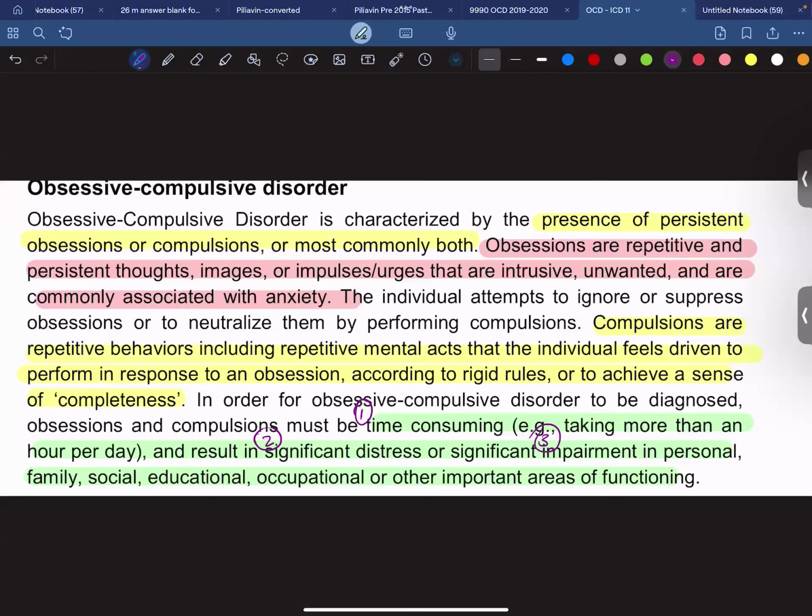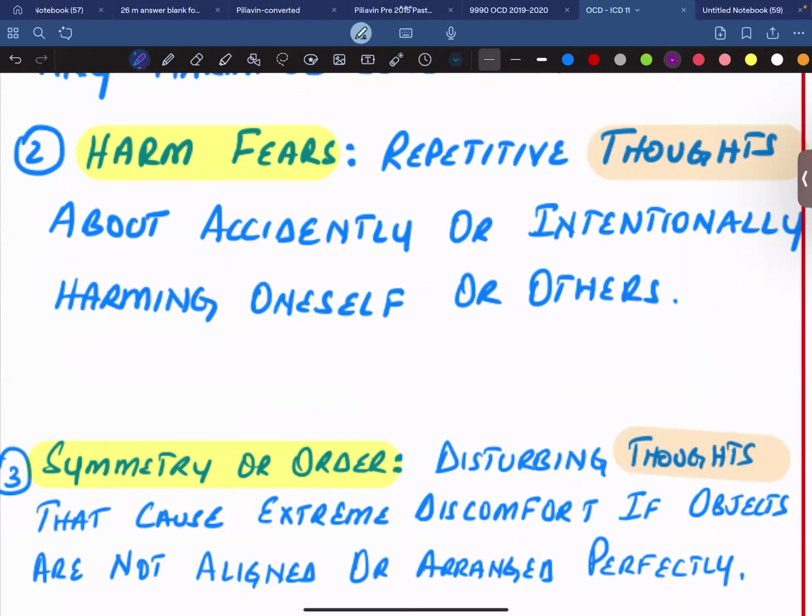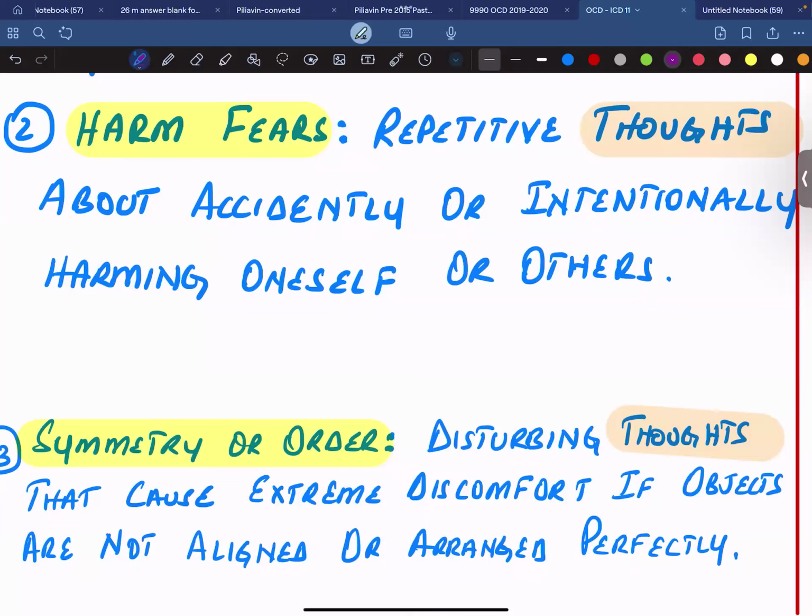Let's just say I use the second example, the one you see written here with harm fears. If I'm someone who has repetitive thoughts about accidentally or intentionally harming myself or someone else, that's the obsessional thought I have.